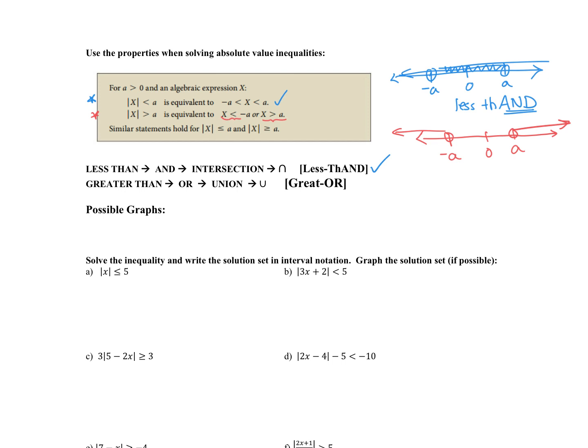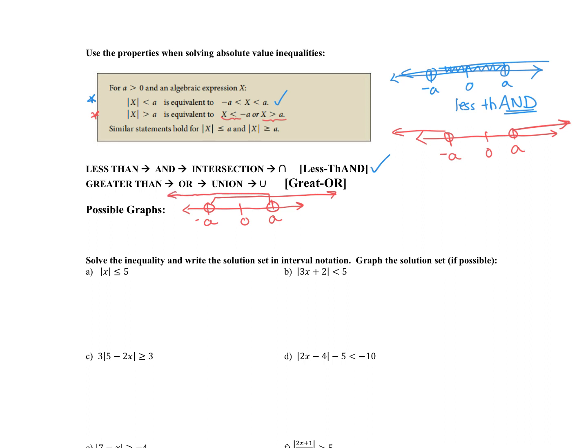And here we might actually have two pieces of the inequality with a union. Okay, so these possible graphs, let's just take a look. Let's say I have the graph greater than a and less than negative a.